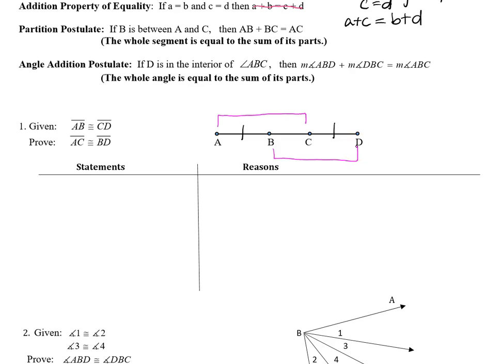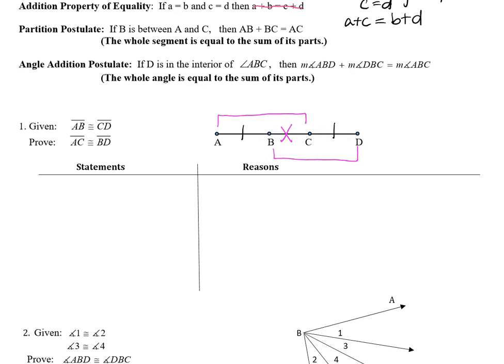Now what you can see between these two places where I'm trying to go, BC is included. Now BC is congruent to itself. So CD plus BC is going to be the same thing as AB plus BC. So then by some substitution, I can get that the whole AC is equal to BD.